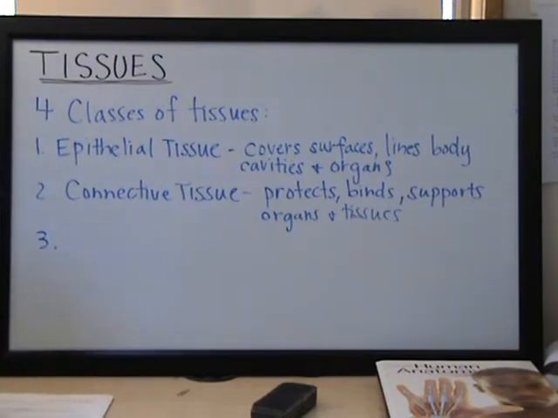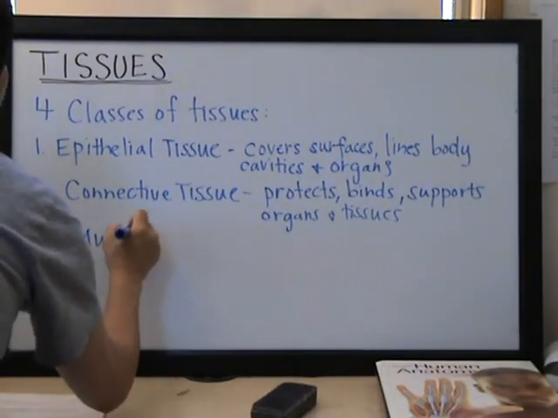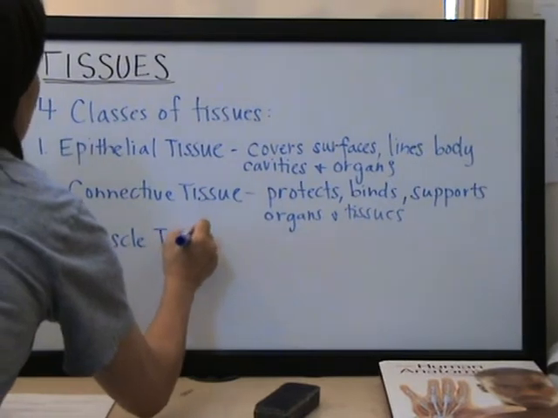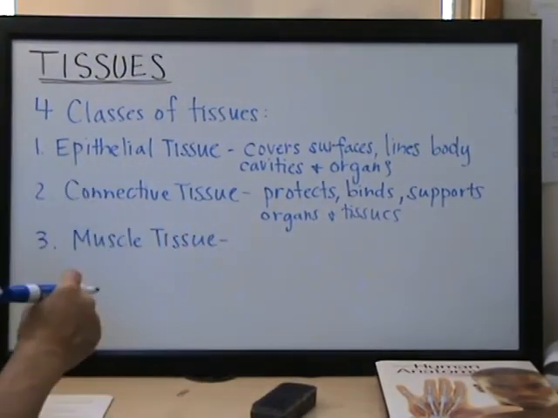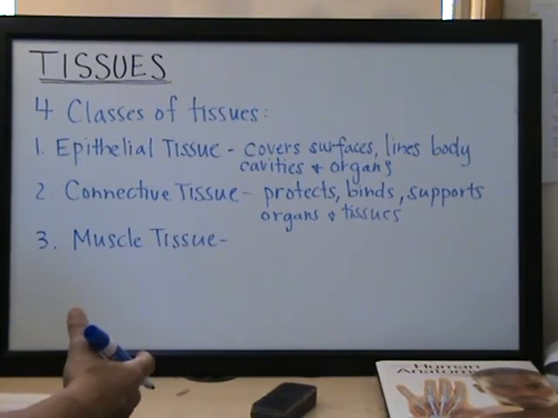All right. The third type is muscle tissue. These are important in movement, of course.